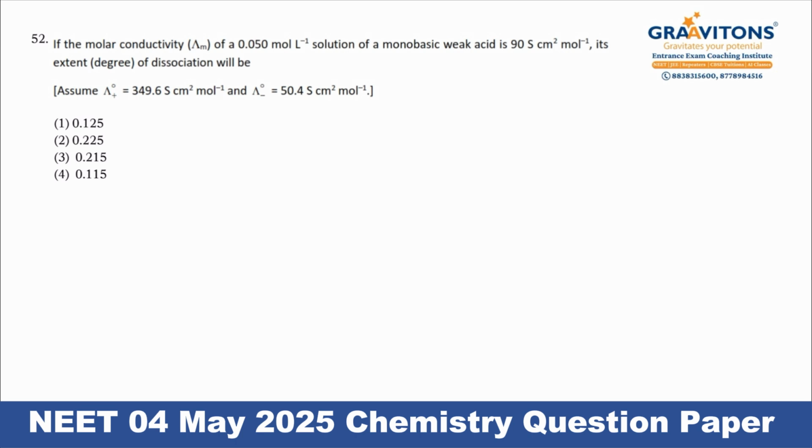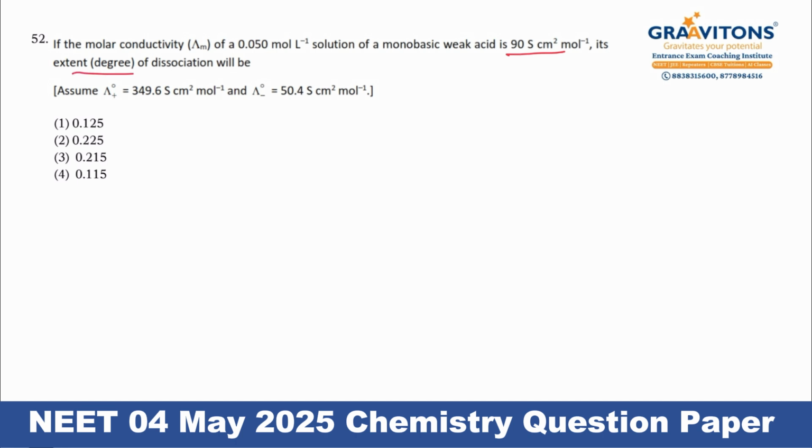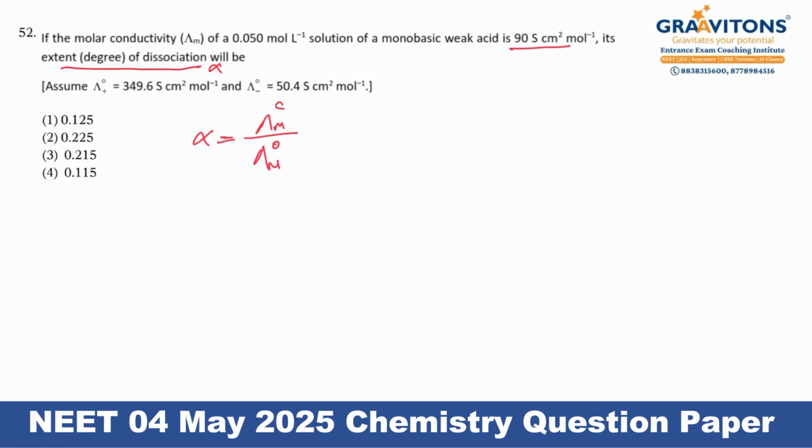So the next question is: the molar conductivity of a 0.050 mole per liter solution of a monobasic weak acid is given as 90, and they are asking for its degree of dissociation, alpha. It is given that the infinite dilution conductance for the cation is 349.6, and for the anion it is 50.4. We know that alpha is equal to lambda m at a particular concentration divided by lambda m at infinite dilution.